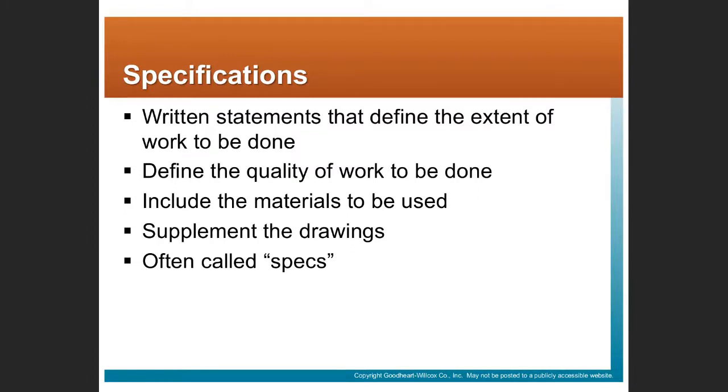And those construction documents would be the basis of any sort of legal agreement, any sort of contract between the owner and the general contractor to build the project. They would be the basis of a subcontract between the general contractor and the mechanical contractor for that mechanical contractor's portion of the work.